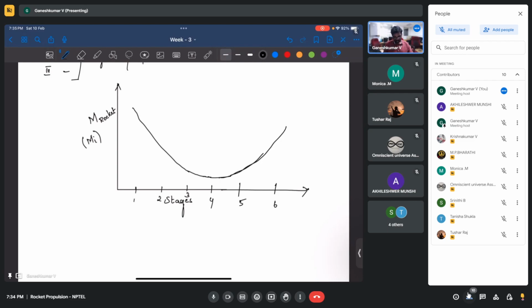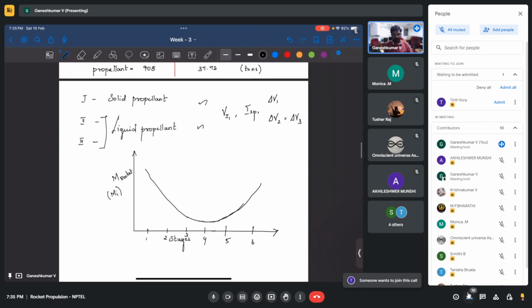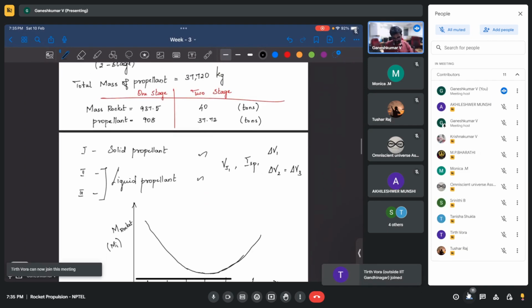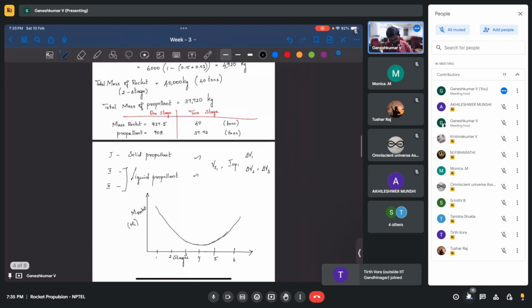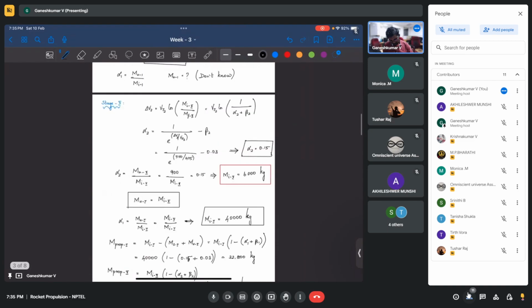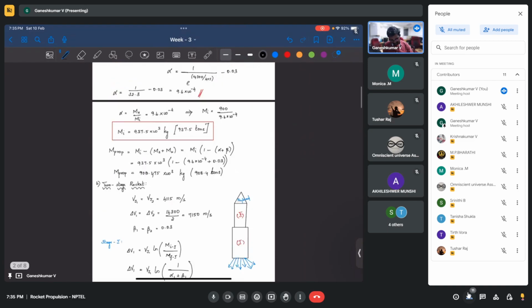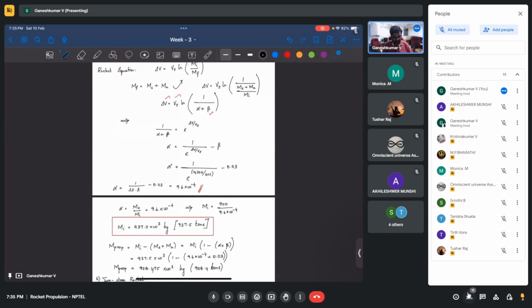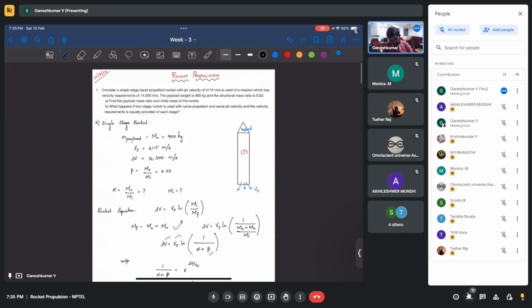Okay. All right. I hope you guys understand. Are there any questions regarding the first problem we solved today? I think in assignments you may need to answer the payload ratio, propellant ratio. I think all these things you will be able to answer based on this.